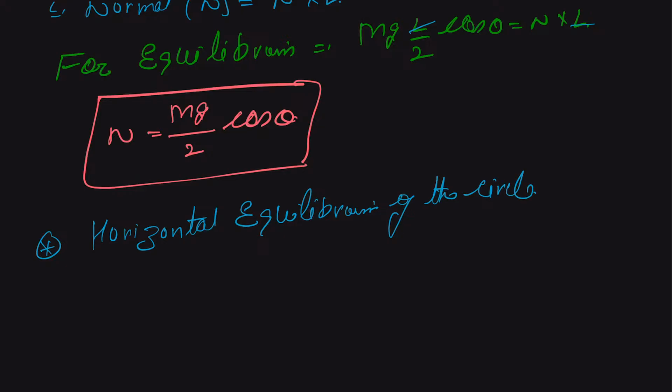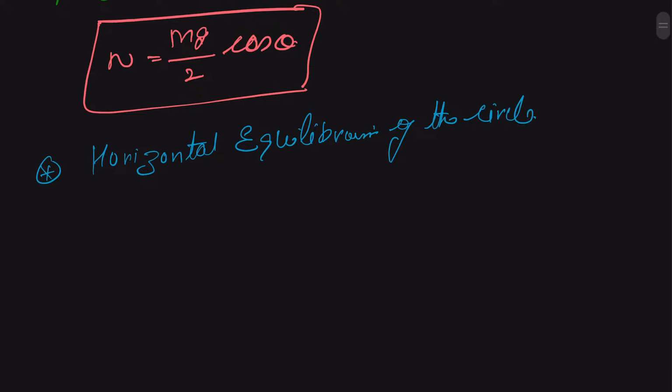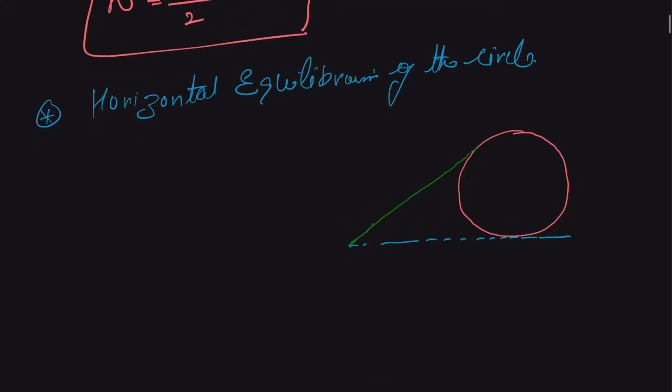So let us draw the circle first, then we can draw all the forces. So this is our circle, this is our ground, and we have a stick which is tangent to this circle, somewhere here, making an angle of theta.